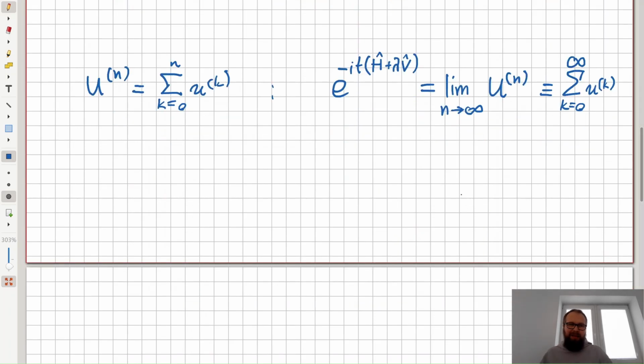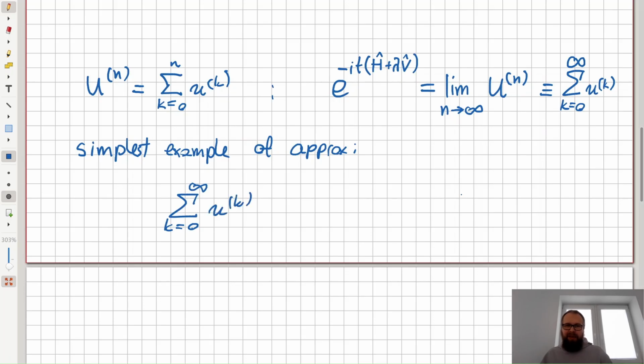So the simplest example of approximation: we say that this is approximated in some sense by a finite sum, U0 plus U1 plus, let's say, up to Un, which is, we already have a notation for that.